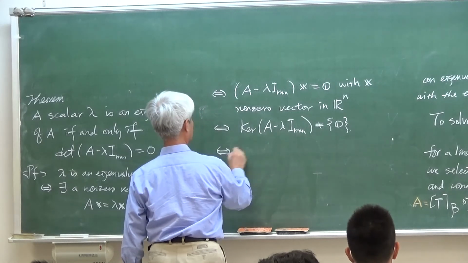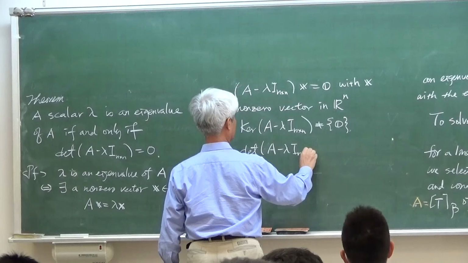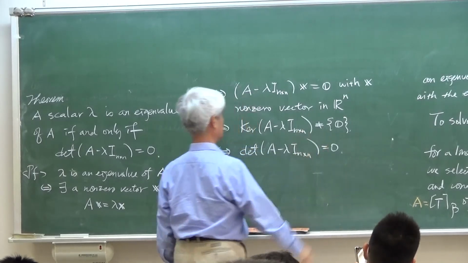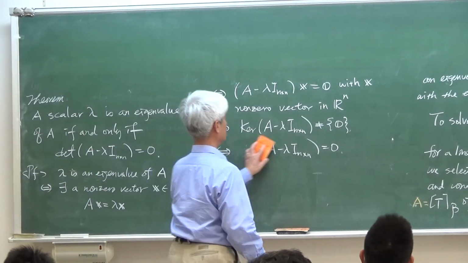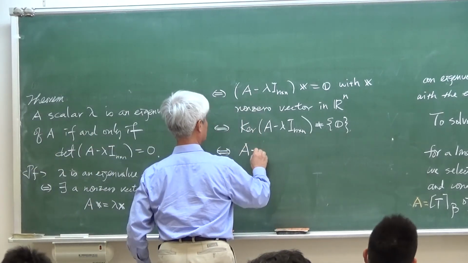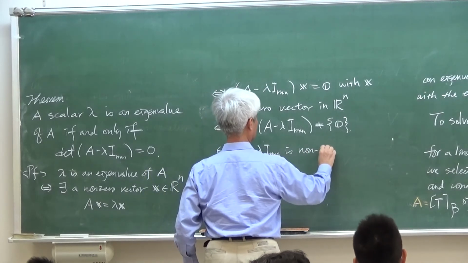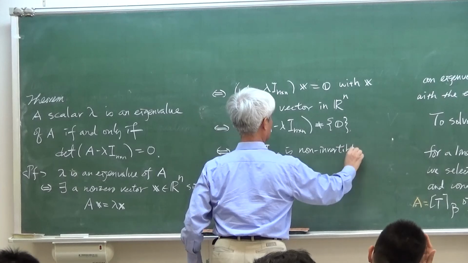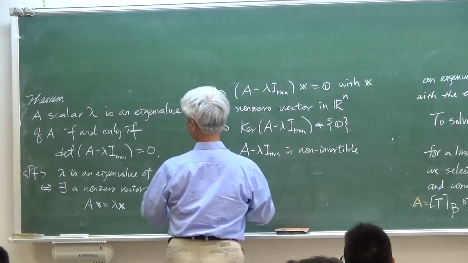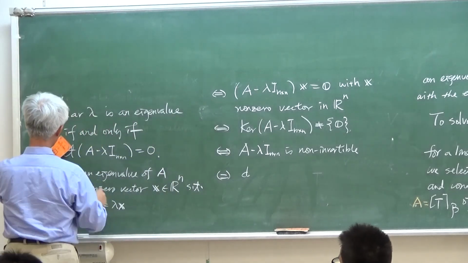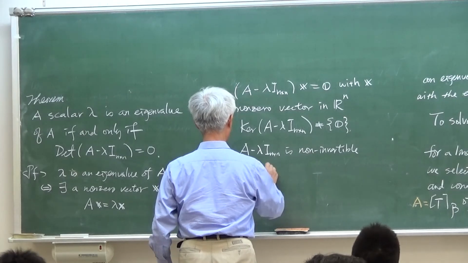This is just saying that A − λI is non-invertible, so the determinant of A − λI is 0.